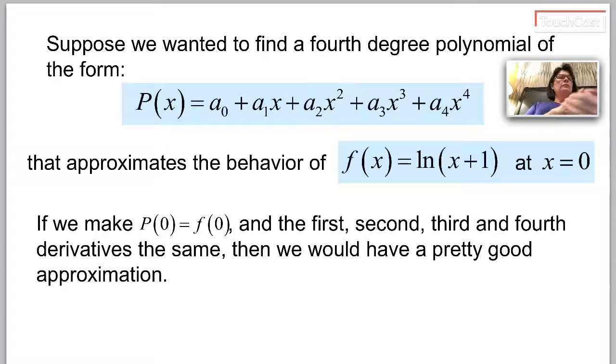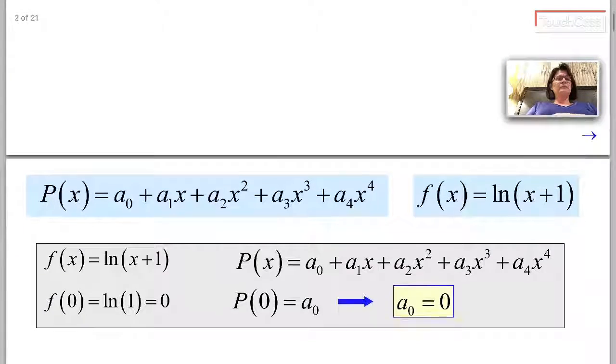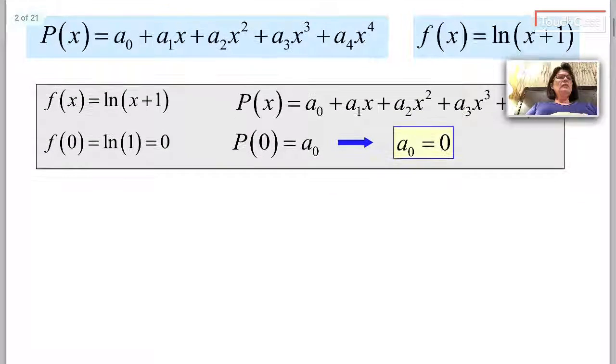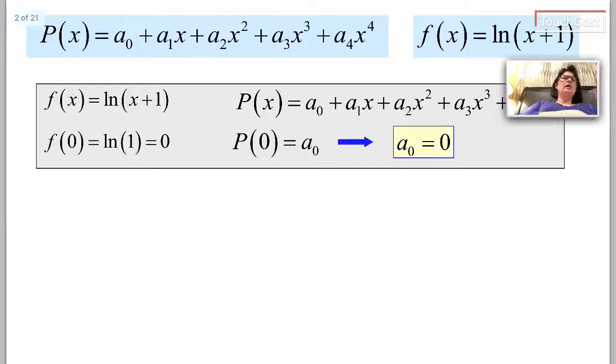So can I figure out what a sub 0 would be? Well, it's going to have to be the same as f of 0. So that's how I start. The function I'm trying to approximate is natural log of x plus 1. I need my p of 0 to match exactly my f of 0.